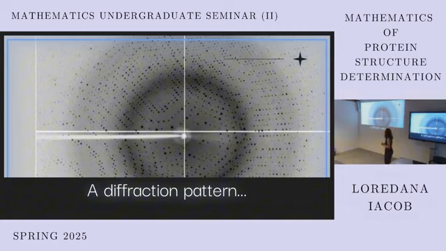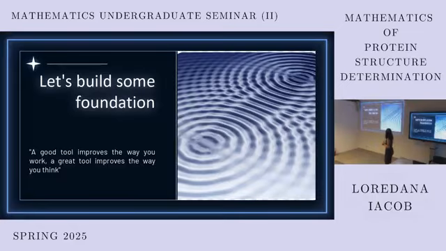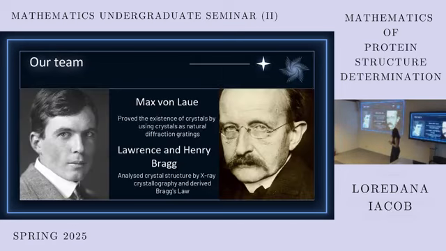But behind this, there was a lot of struggle, because people didn't actually know how waves interact. We knew that in water, for example, they form maxima and minima, but when we're talking about microstructure, such as protein and X-ray, we didn't know what happens. We didn't know if they get reflected elastically, or if they're absorbed and something completely different comes out. So a few theories were proposed by Maxwell Law and Lawrence and Henry Bragg.